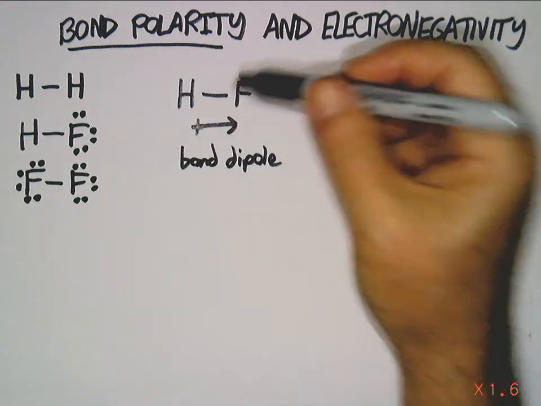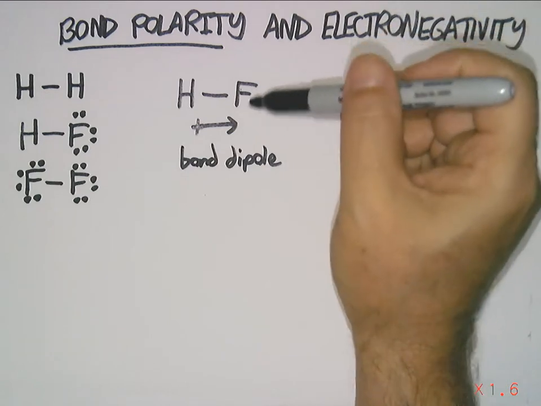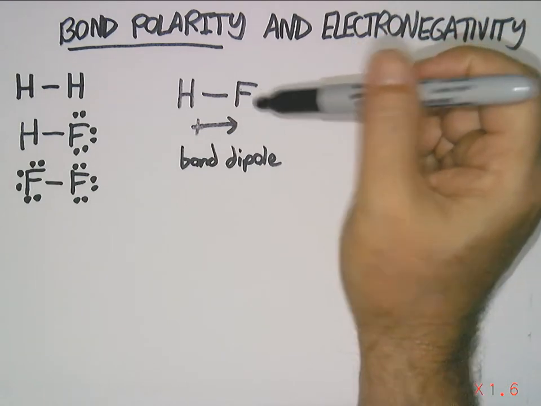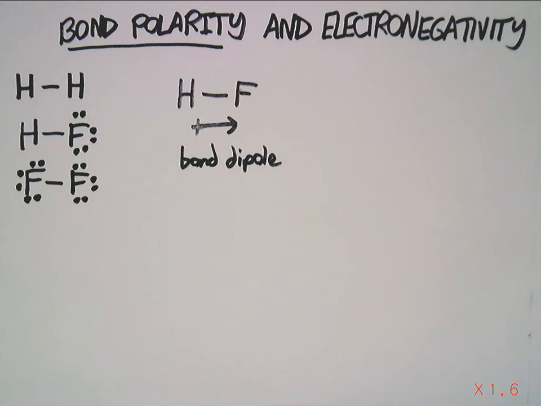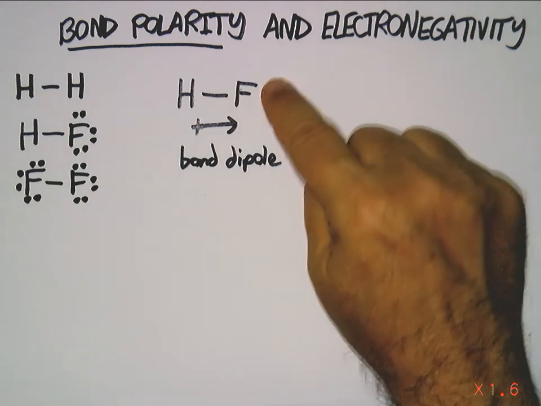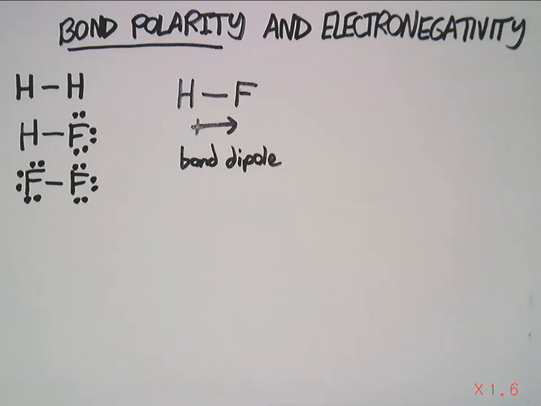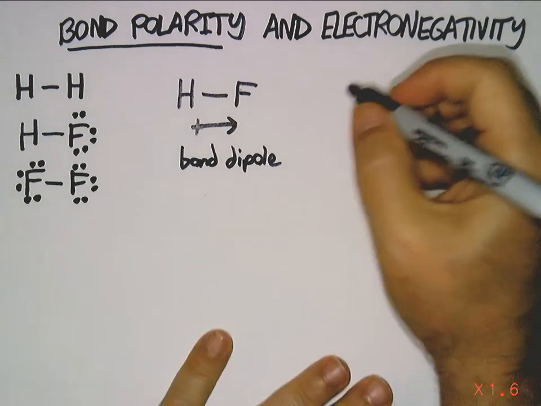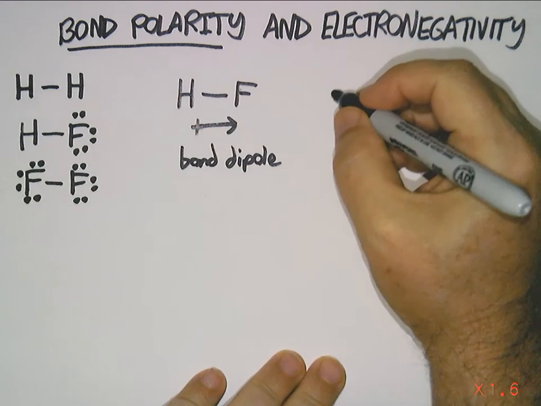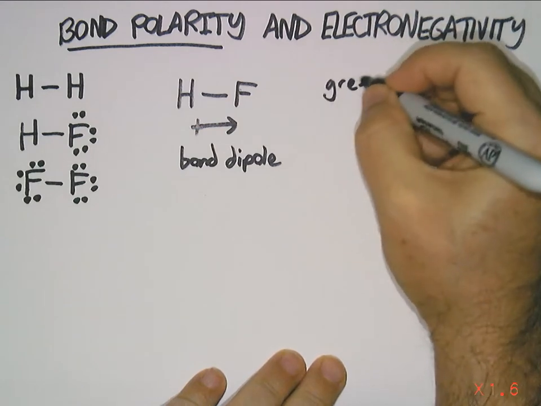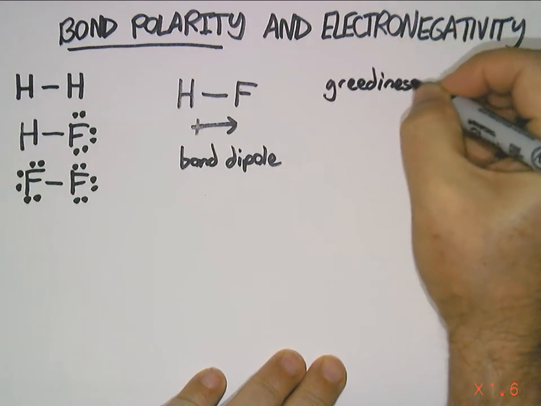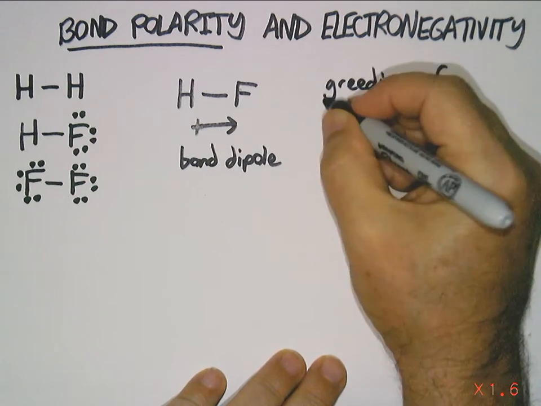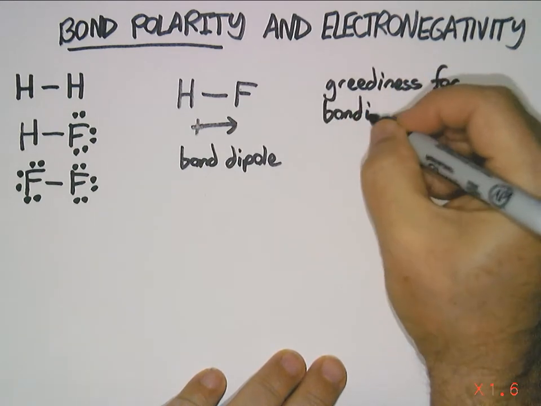Now it is pretty easy for me to tell here who the big dog is because it's the one with a bigger nuclear charge, but a lot of times it isn't easy to tell just from the nuclear charge which atom is going to get the lion's share of the bonding electrons. So I'd like to have some sort of a score that tells me greediness for bonding electrons.